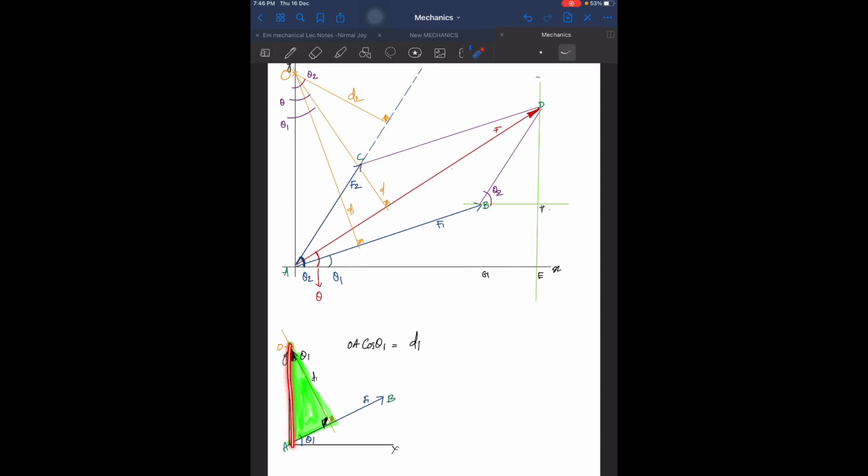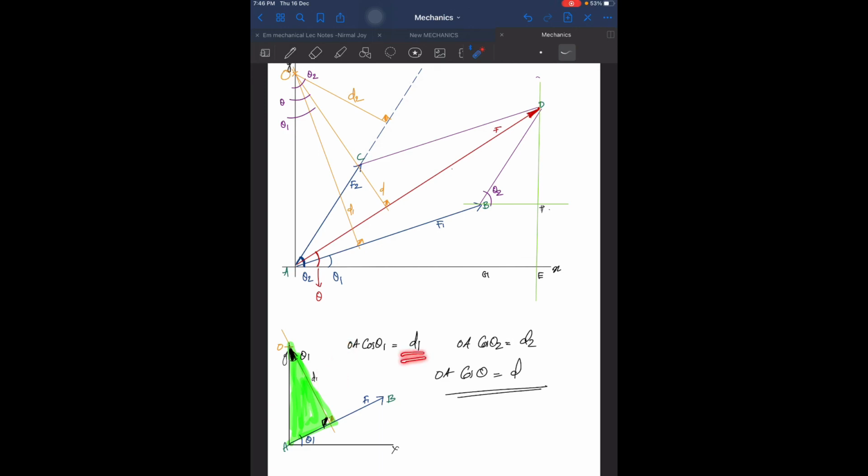So OA cos theta 1 will be D1. Similarly, OA cos theta 2 will be D2 and OA cos theta will be equal to D. We can use this same logic for each. So what you have to do is take these individual right angle triangles.